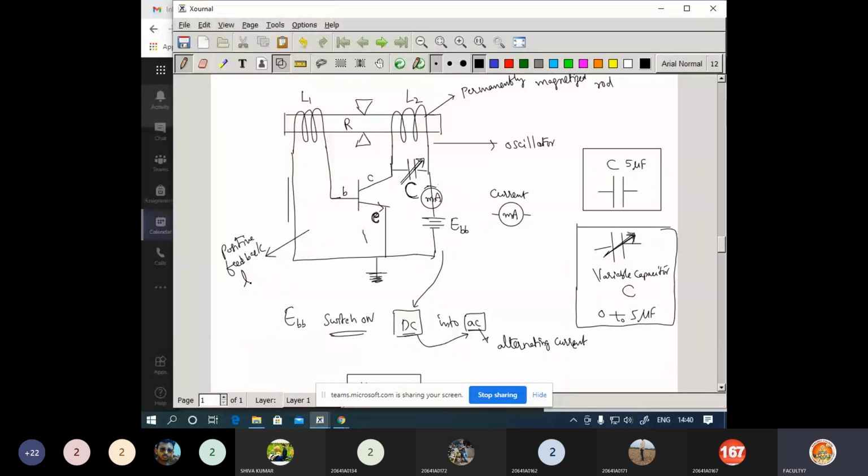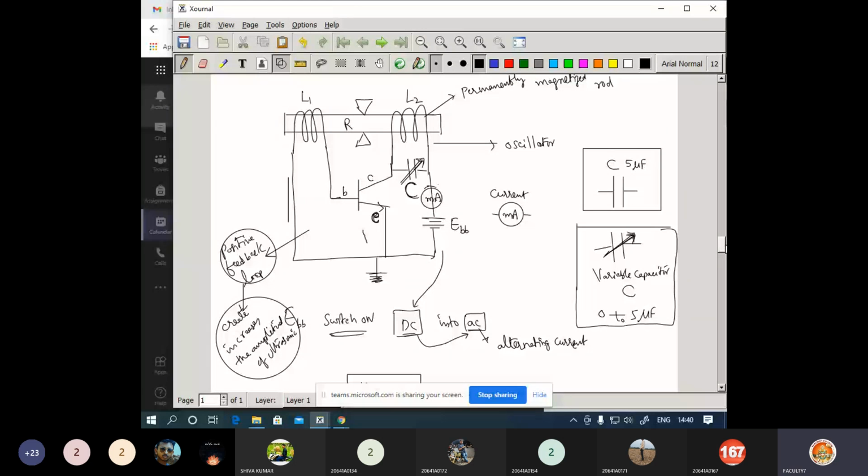Loop in the sense a closed path here. Now due to this particular positive feedback, there will be an increase in the amplitude. It increases the amplitude of the sound waves. First, you remember this ultrasonics. It is going to act as a positive feedback circuit, or the part of the entire circuit.